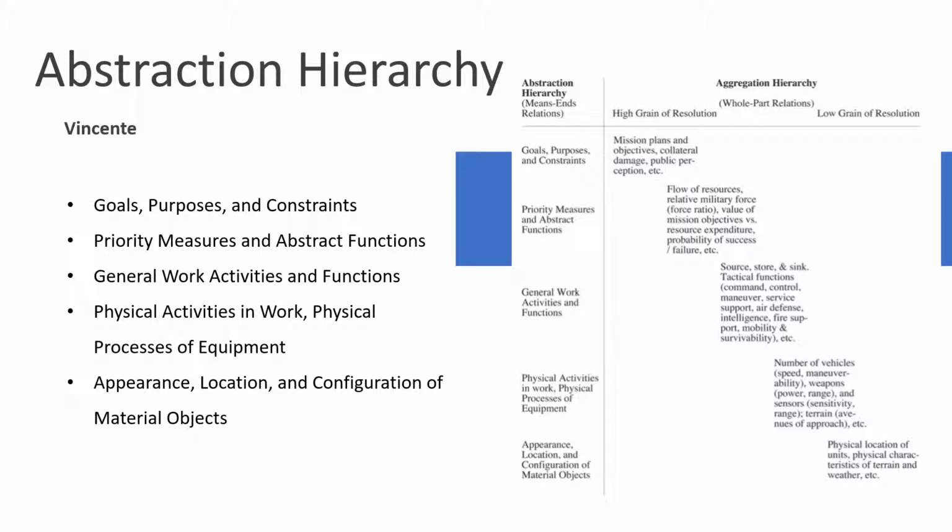This is just general functions that must be implemented. Physical activities and work. It's the highest level that describes the actual physical properties. And finally, appearance, location, and configuration of material objects. At the lowest level, this is just the physical makeup of the system and ultimately what the user will see.